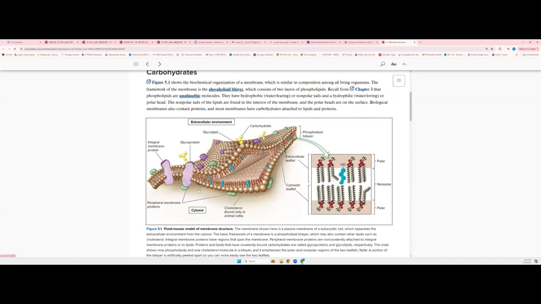Because for a molecule outside to go inside of the cell, it has to go through this membrane. If a molecule inside has to get out, it also needs to go through the membrane. So if something is wrong with this kind of protein, molecules cannot be exchanged between the outside and the inside, right?